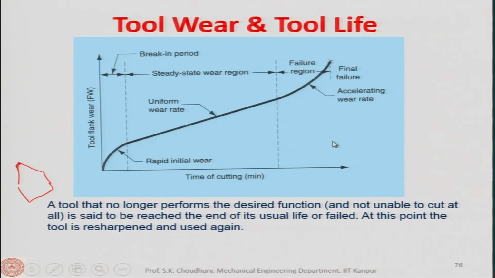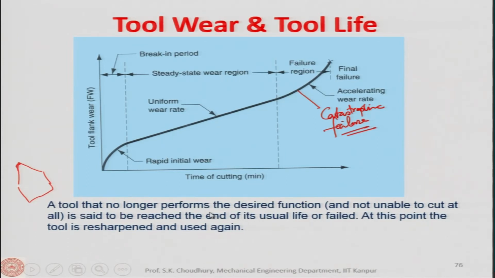That is called the catastrophic failure. So, somewhere in this region it is popularly known as catastrophic failure. In many books you will find that this is called the catastrophic failure, and here it is the uniform wear rate. So, the wear rate is a very steady state wear rate.